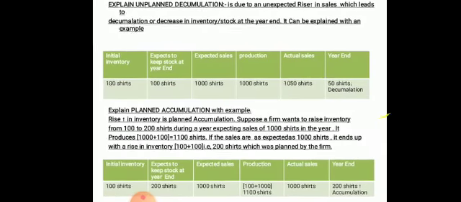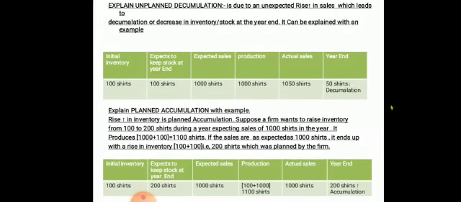Now see, we are taking the same examples. That's why I told you in the previous class, you have to take the same figures of 100 shirts and 1000 shirts, and the same is used for planned and unplanned accumulation and decumulation. So let's see, initial inventory is 100 shirts, carried forward from the previous year.